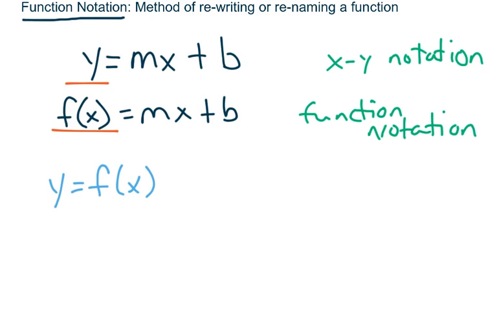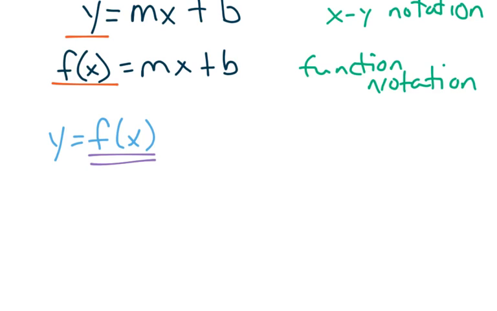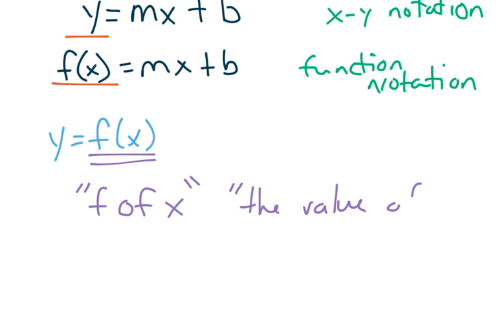So then the question becomes, how do you say that? How do you say this f parenthesis x? You can say it one of two ways. You could say it f of x, or you could say the value of function f at x.